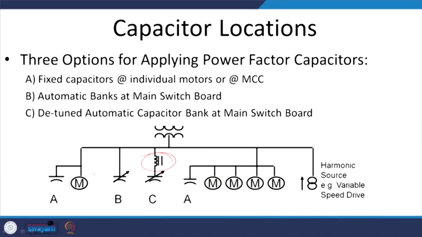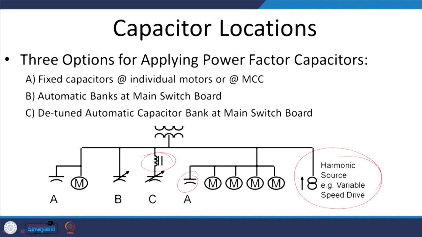So, what is very important now is the placing of the capacitor and its type. I have told you a little early that you have to have a variable capacitor, because you have some harmonic sources and that may corrupt this capacitor. Generally, there are 3 options for applying a power factor capacitor.